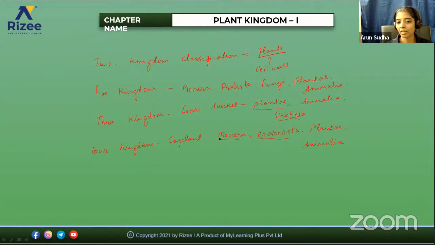Here the bacteria, Archaebacteria and Eubacteria were placed into a separate kingdom, and Protoctista included the other unicellular eukaryotes, and also algae. And now what we are following is the five kingdom classification by Whittaker, which put all the prokaryotes under Monera and the unicellular eukaryotes under Protista. Then all the multicellular forms are placed under fungi, Plantae and Animalia.